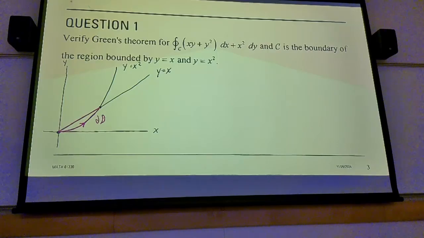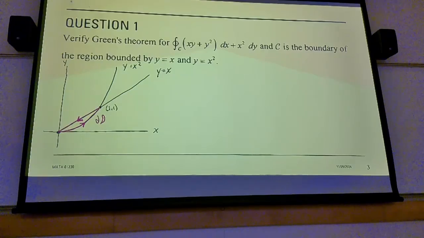Which means that top curve we're doing what? Going leftwards. So we'll just draw those arrows there as well. Now that point's easy. What's this point here? 1. So again, that's fairly simple.